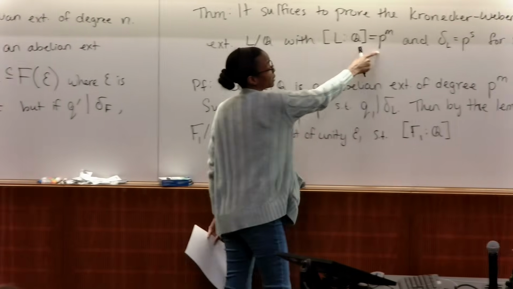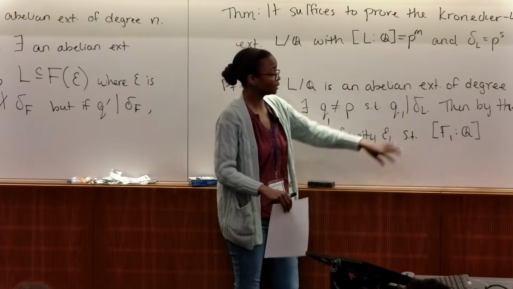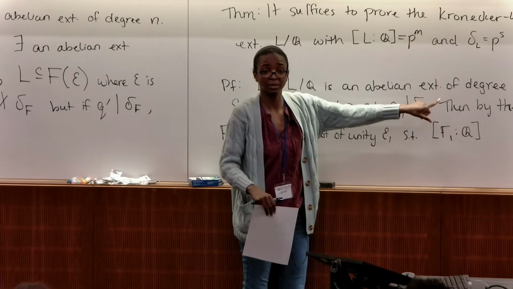That's what this assumption is about. So we're assuming that the degree of the extension is a prime power. That means that the degree here has to be another prime power for the same prime p.